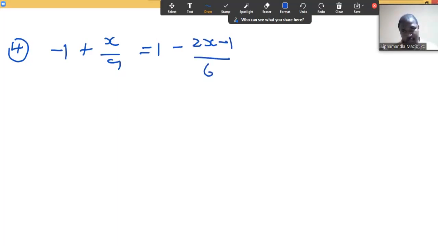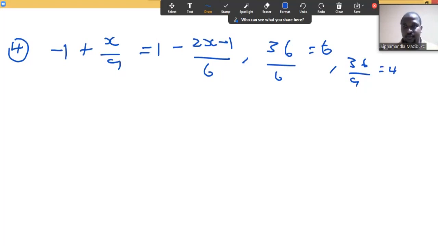So what is our LCD here? I think our LCD here should be 36, because 36 divided by 6 should give us 6, and 36 divided by 9 should give us 4.